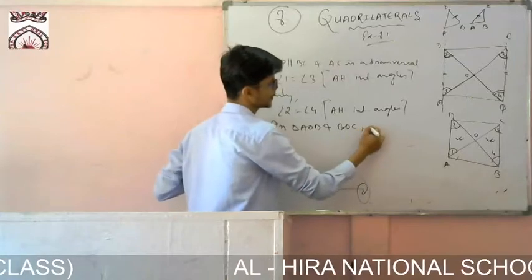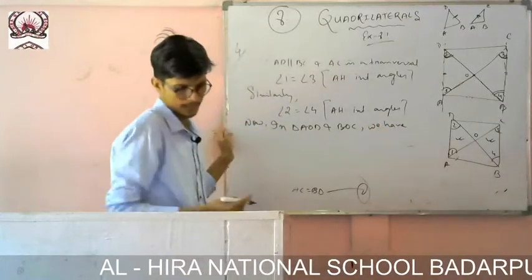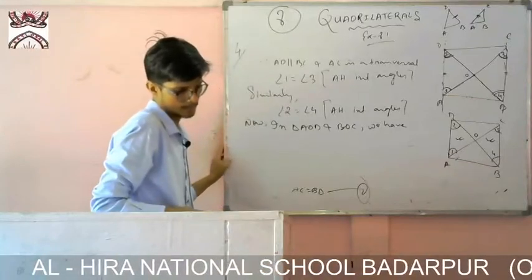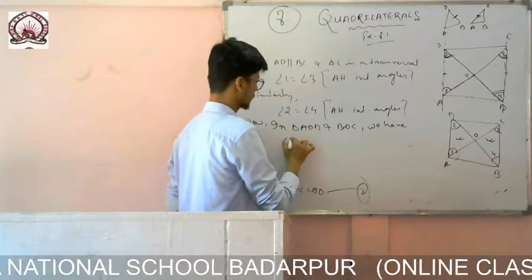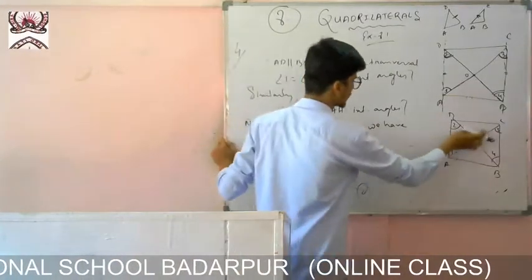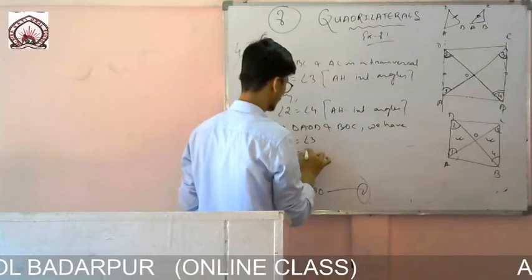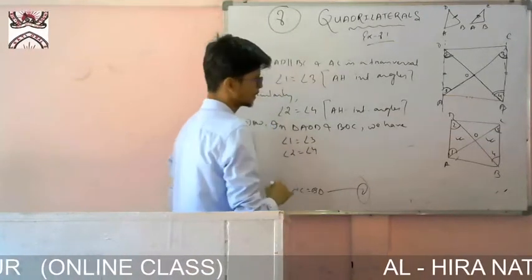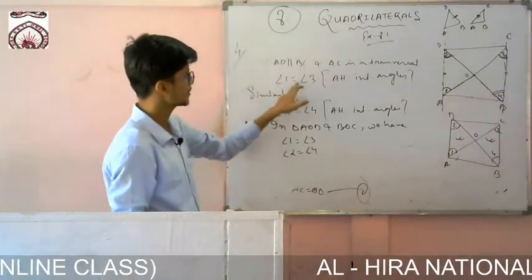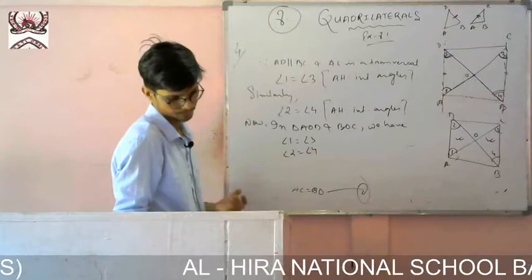In triangle AOD and triangle BOC we have angle 1 is equal to angle 3 and angle 2 is equal to angle 4.